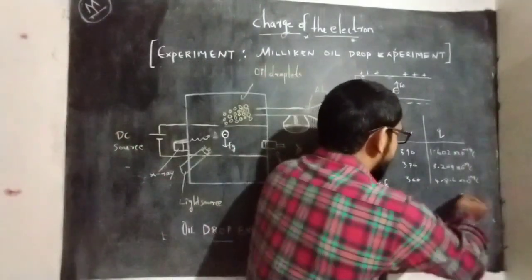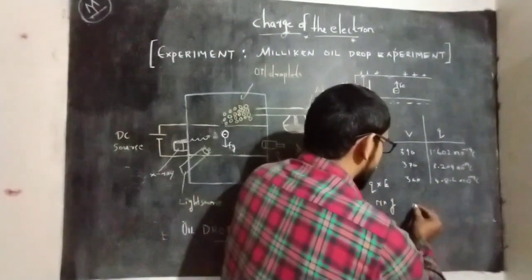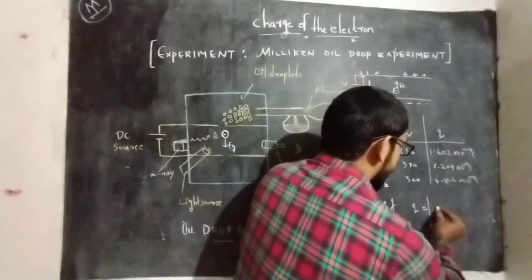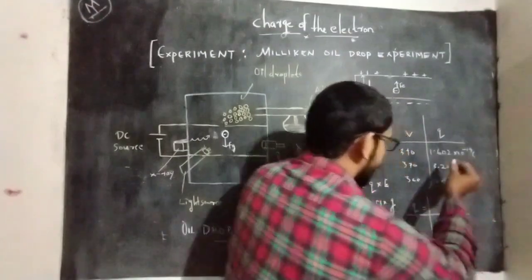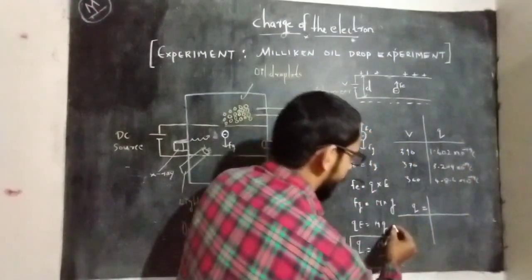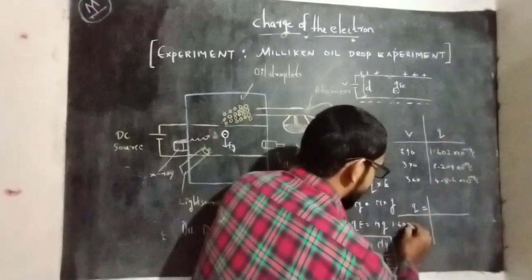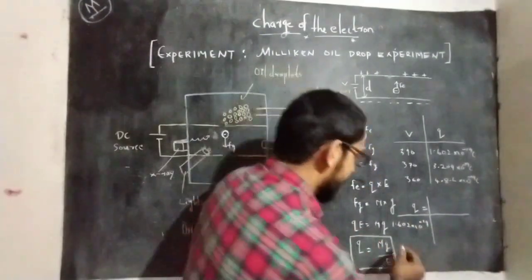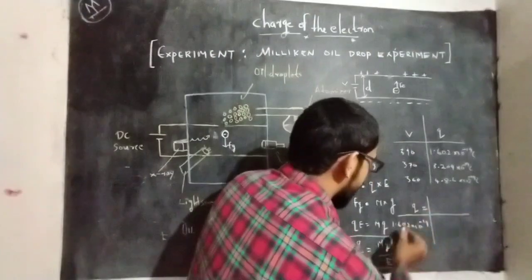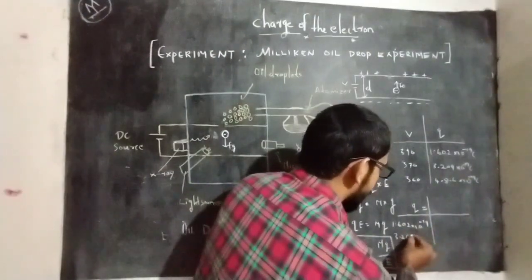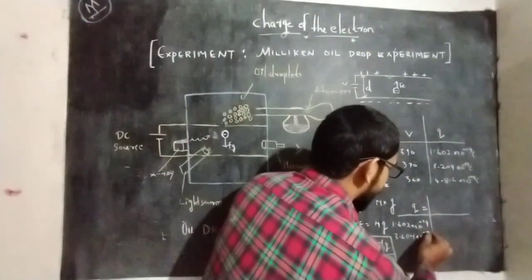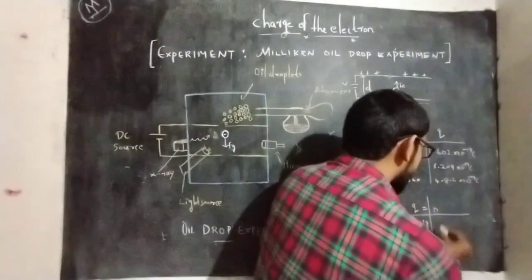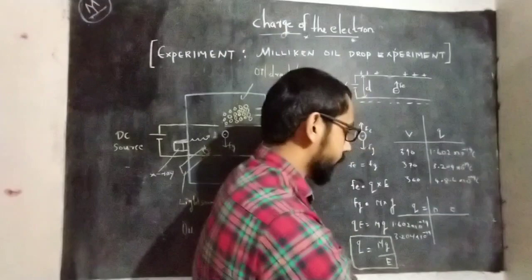What did he observe? We know the charges we got: 1.602 into 10 raised to the power of minus 19 and 3.204 into 10 to the power of minus 19. We can write these as N times E. How?